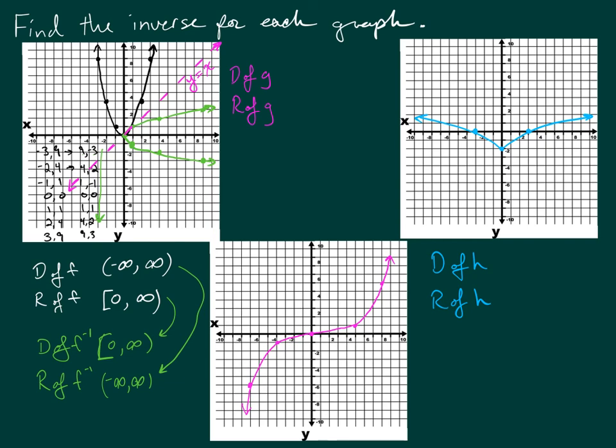And you can tell this on the graph with the domain starting as far left as it can go on the green graph. As far left as it goes, it starts at 0. But then it goes forever to the right. Forever to the right is positive infinity. This arrow is pointing to the right, yes, but it's also going down, and it goes down forever. So the bottom is negative infinity.